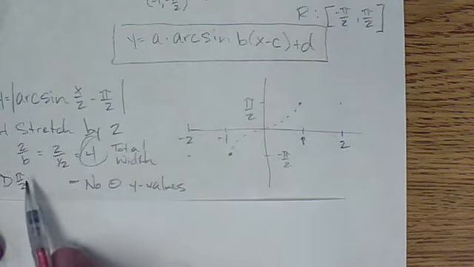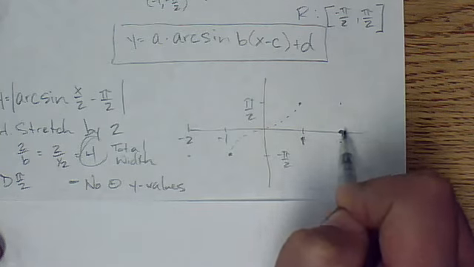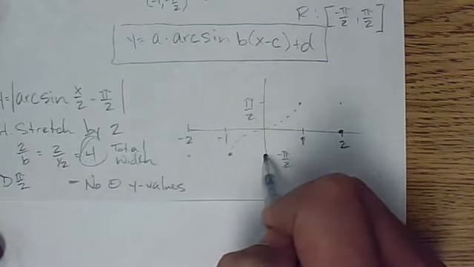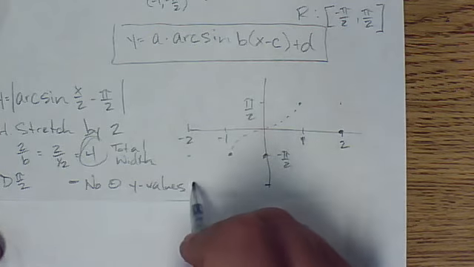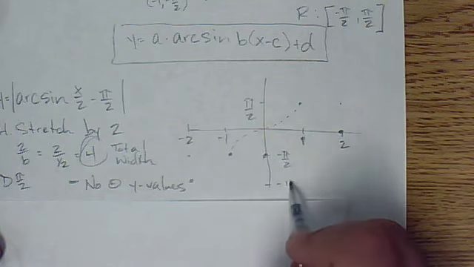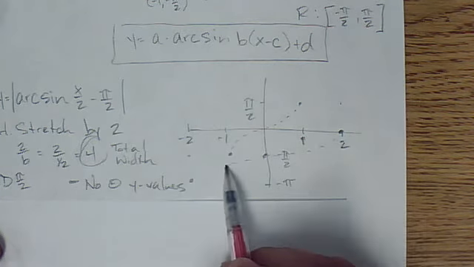I'm going to move everything down pi over 2. So this point comes to right here. This point comes to negative pi over 2. And then this point comes down to negative pi. So now my graph looks like this.